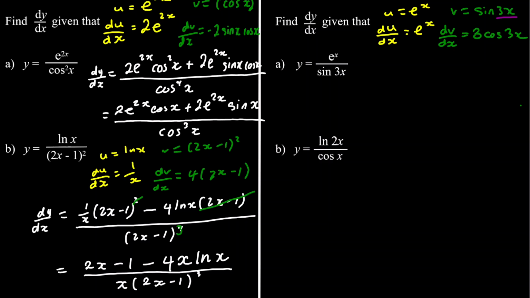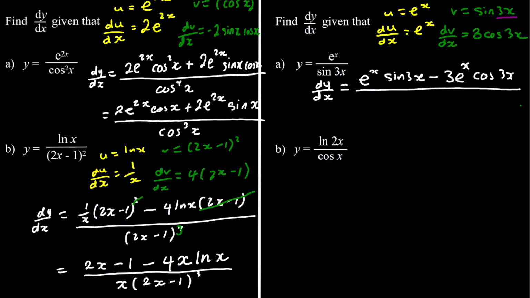Then we just put them in. So dy dx is v du dx, e^x sine 3x, minus u times dv dx, 3e^x cos 3x, over v squared, so sine squared 3x.